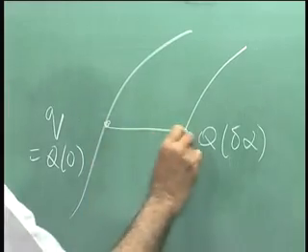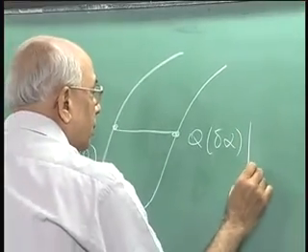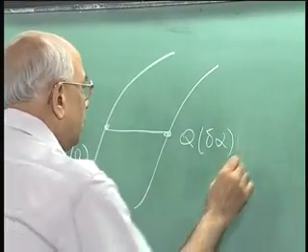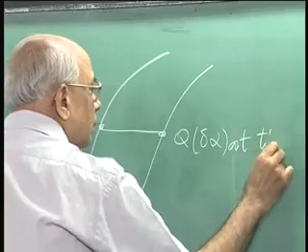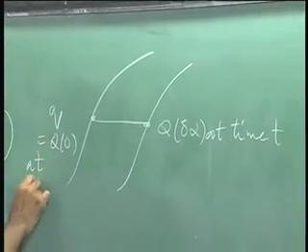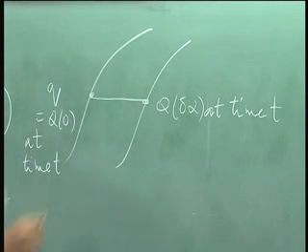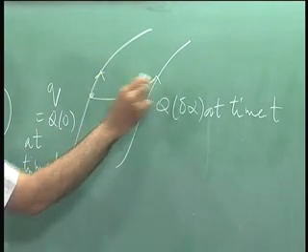Then what is this equal to? This is q of delta alpha at time t. So at some instant of time t, and of course this q changes in this fashion as a function of time.